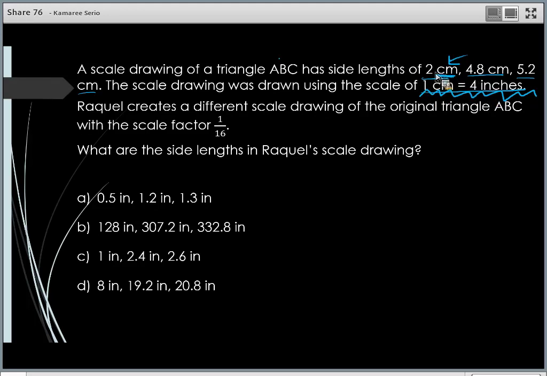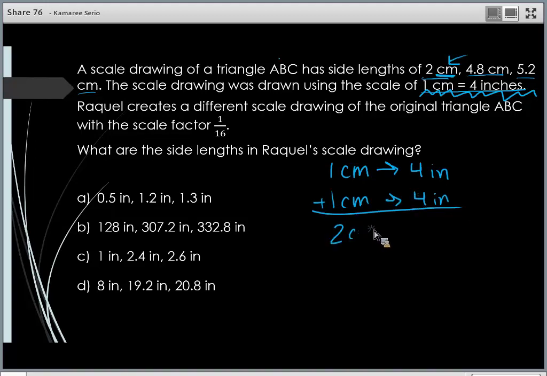So if I were to have 2 centimeters, I would have 8 inches. If I were to add another centimeter, I would have another 4 inches. So 2 centimeters gives me 8 inches, and so on.